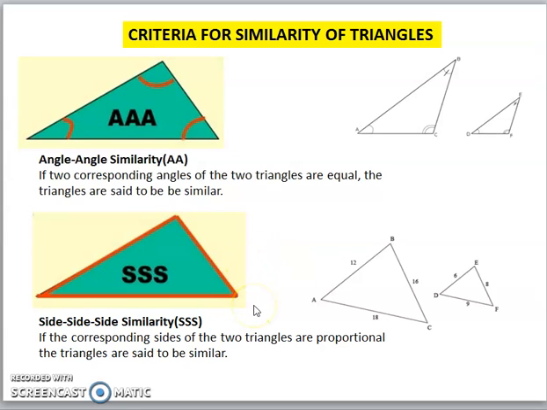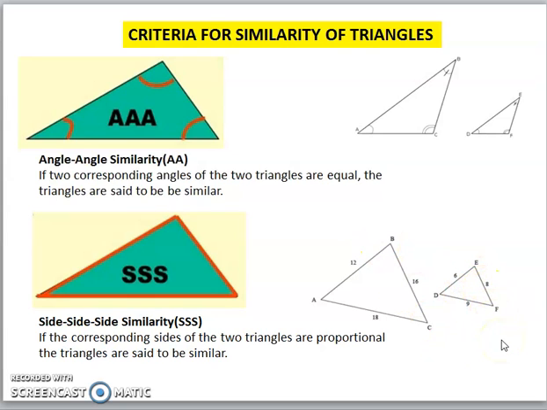Next criteria is the SSS criteria. If you have the measurements of the sides of the triangle, then you can go for this criteria. That means here AB is 12, DE is 6, AC is 18, DF is 9, and BC is 16 and EF is 8.